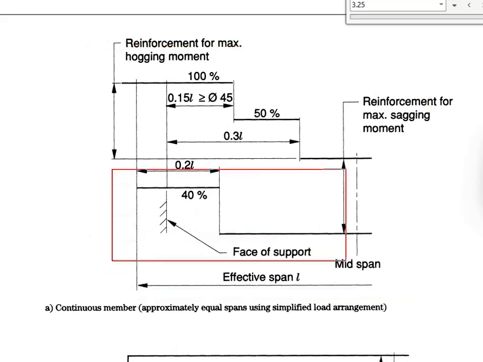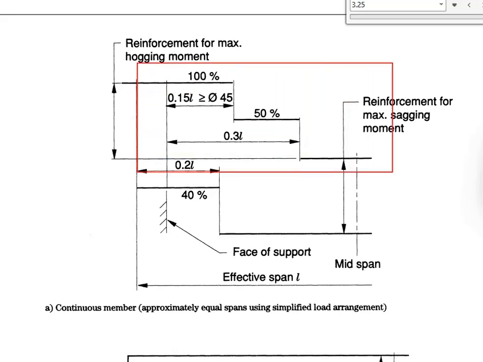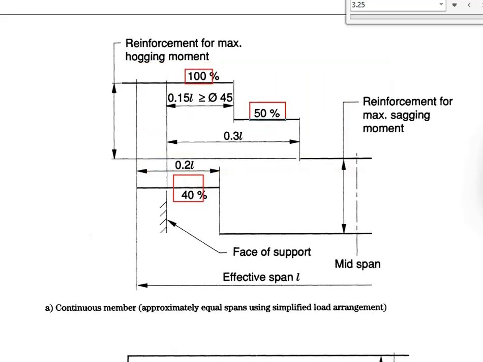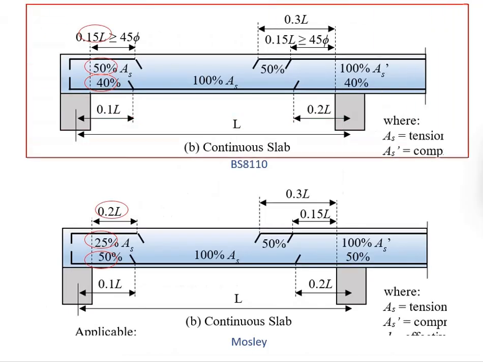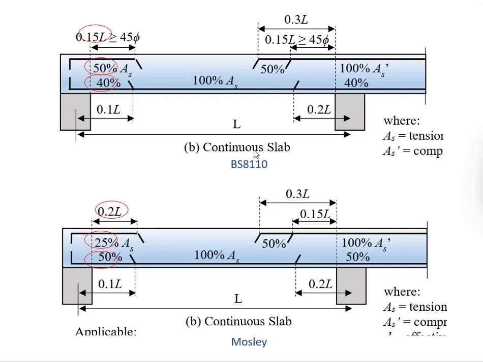This represents the bottom reinforcement bar and this represents the top reinforcement bar. The percentage here indicates the amount of reinforcement bar to be provided at different locations of the member with reference to its supports. Now, if you find this difficult to understand, I have it illustrated here. It should look something like this.